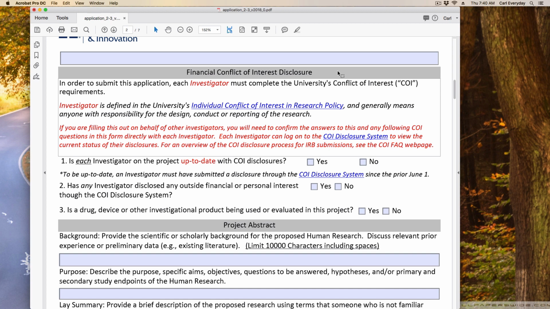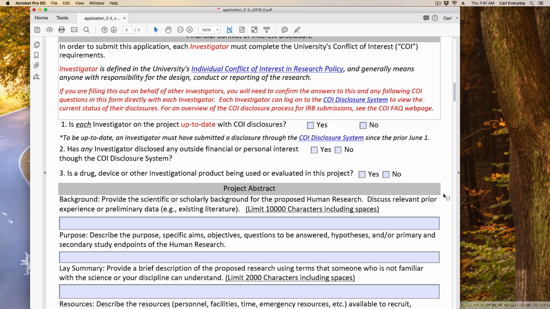They just want to make sure that you don't have any outside financial or personal interests that conflict with collecting data and working with human subjects in ways that would influence you. Although we all know that researchers, regardless, have some personal interest in how their research studies go, they're really more interested in the financial side of it.